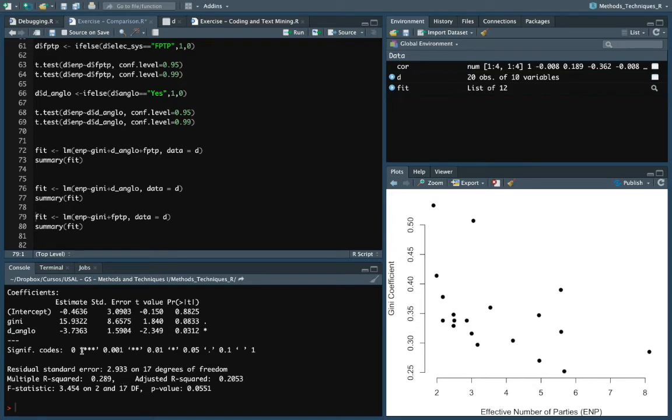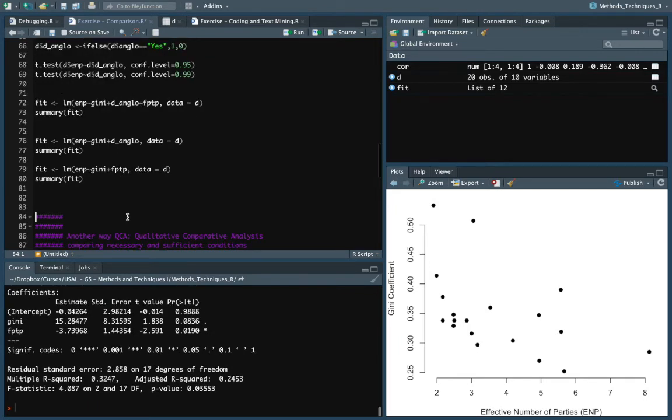So let's change from Anglo-Saxon to first past the post electoral systems, and let's see what changes. Again, here we have a similar result. The Gini has no significant effect whatsoever, and the first past the post also has a very similar effect to the Anglo, and it's also significant. The difference here is that the first past the post adjusts better to the problem than the Anglo-Saxon countries.